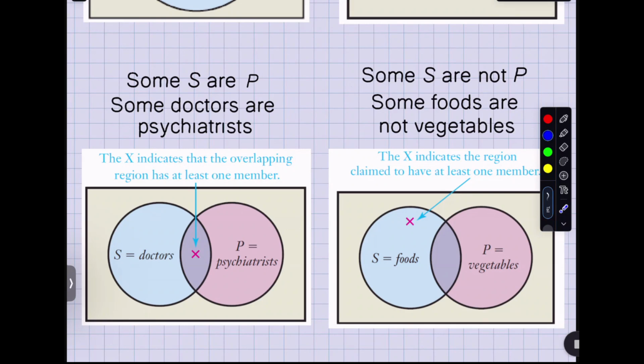You can look at this two ways when it's overlapping. You can say that some doctors are psychiatrists, or you can say some psychiatrists are doctors, right? They mean the same thing.